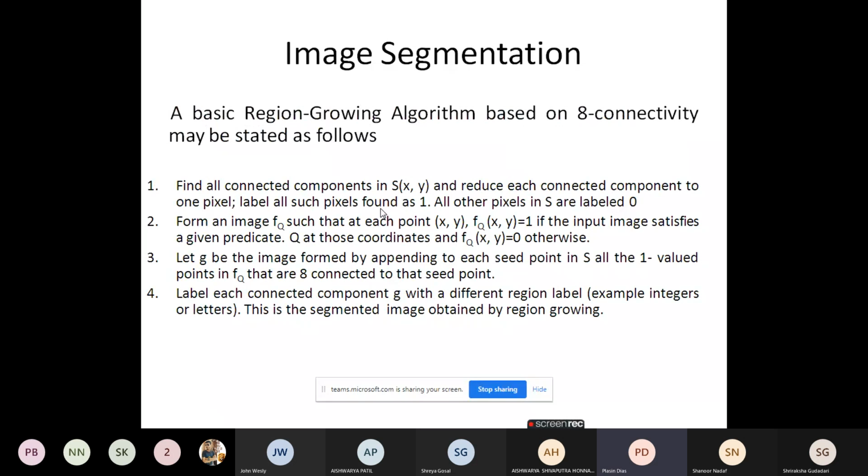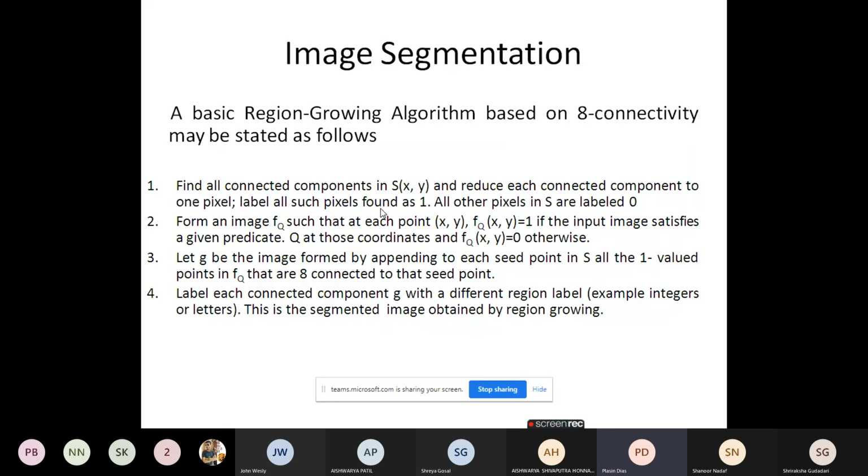So we have a set of 4 rules here. First, you have to find all the connected components in S of x comma y, and reduce each connected component to 1 pixel. You label such pixels which are found as 1, and all other pixels in S are labeled as 0. That is the first condition.